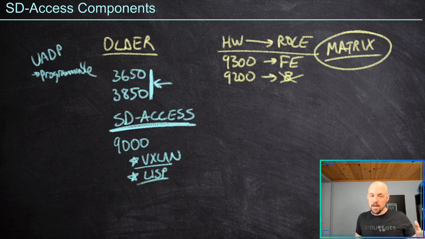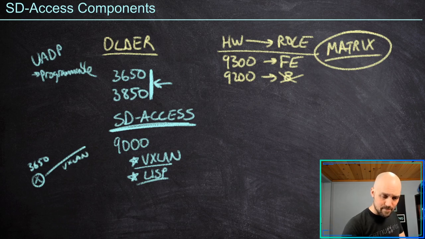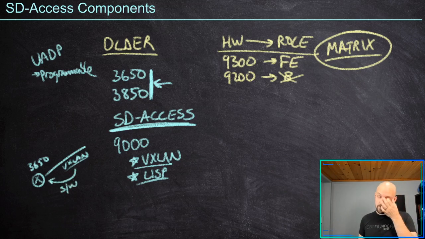If I want my 3650 over here to communicate up via VXLAN to somebody, well, remember this conversation, right? I could push VXLAN into the 3650 via software, but that's not going to result in good performance at all. In fact, it's probably not even worthwhile to try, because it's going to be really bad performance and everybody's going to be really upset. And so that's a huge obstacle.